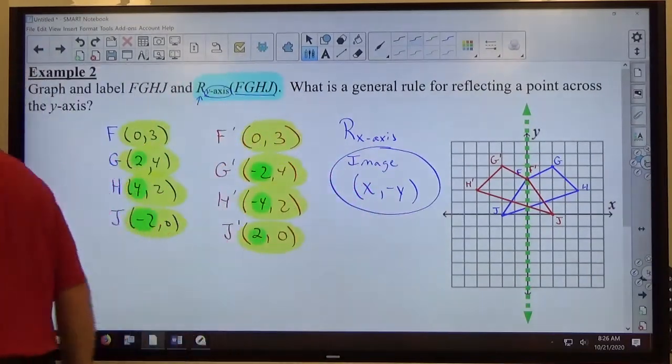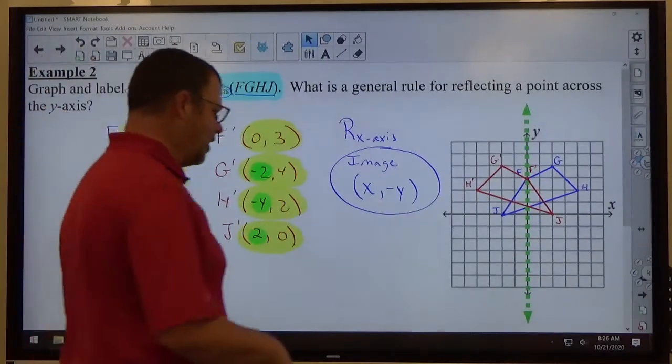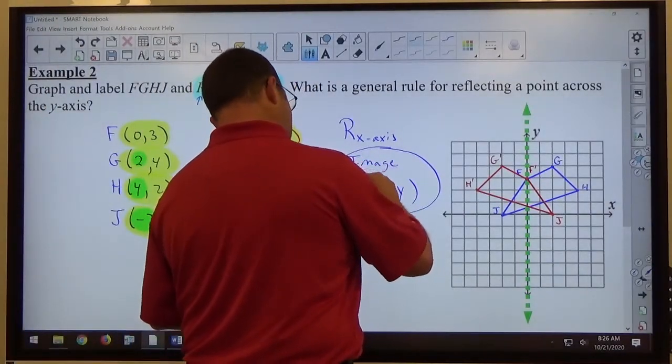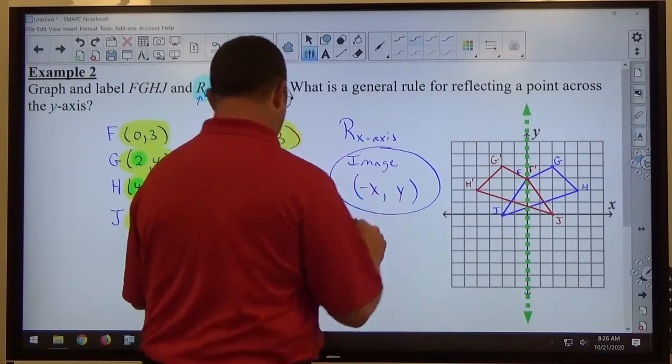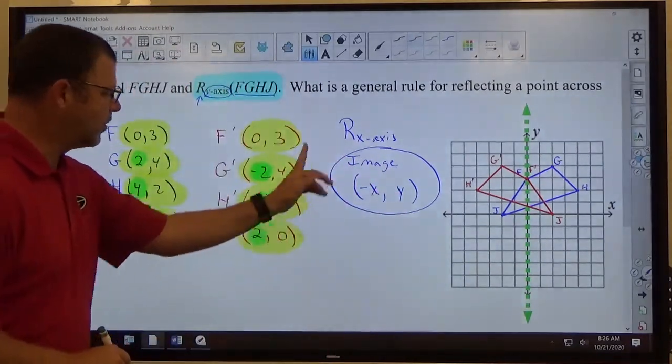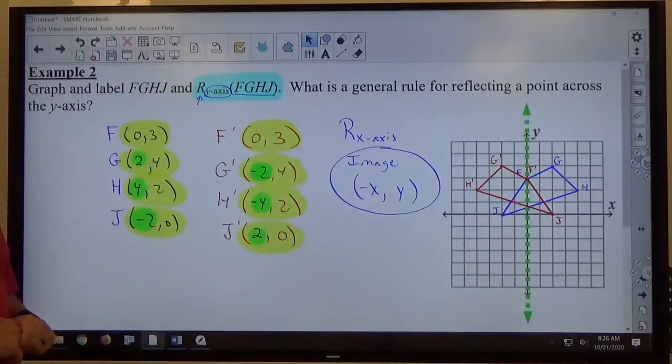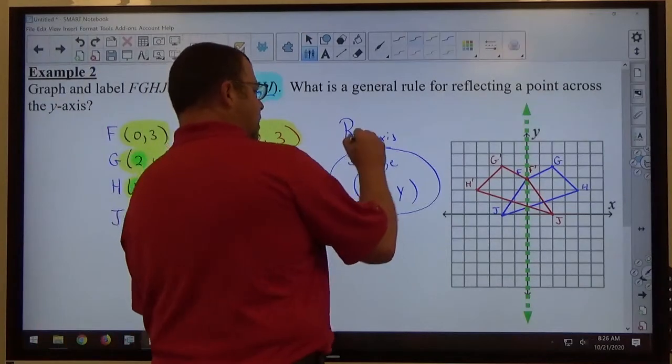So the rule for reflection across the y-axis, we're going to say the image point will be x comma negative y. I thought it was negative x. Oh, thank you. The image is going to be negative x comma y. So again, x changed, y stayed the same. So negative x, positive y. That's our rule for flipping across the y-axis. That's what messed me up, I wrote x-axis here.